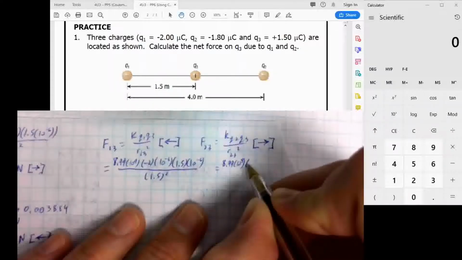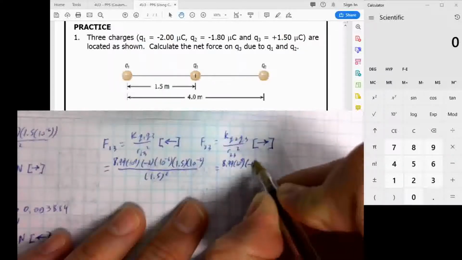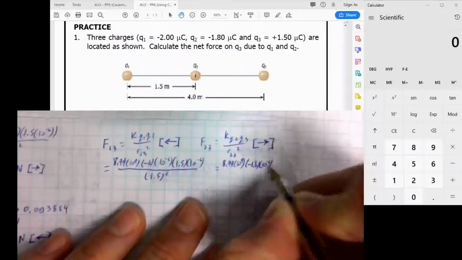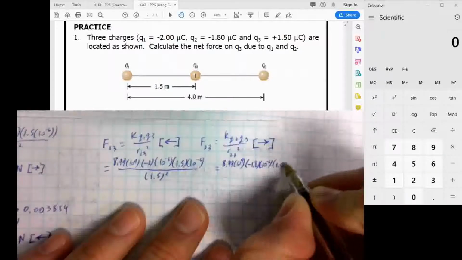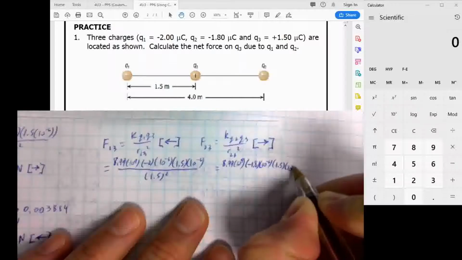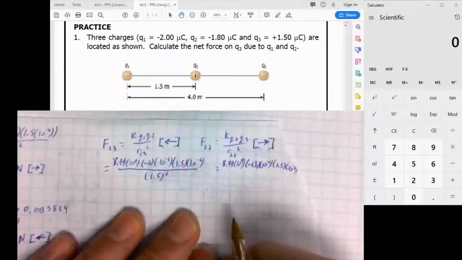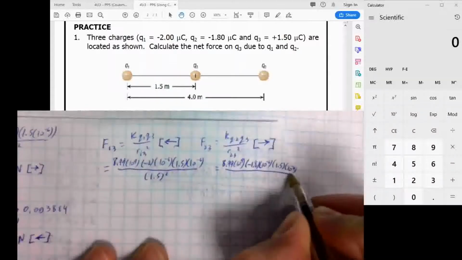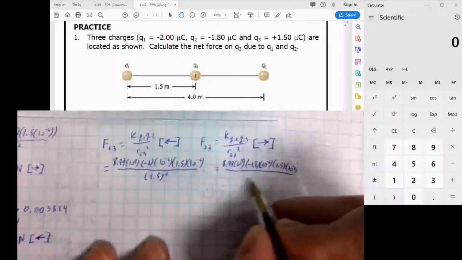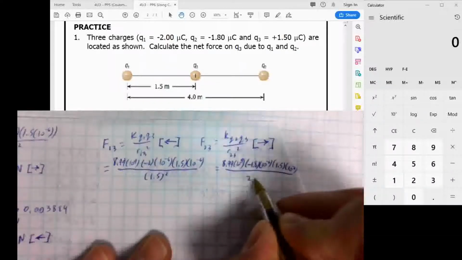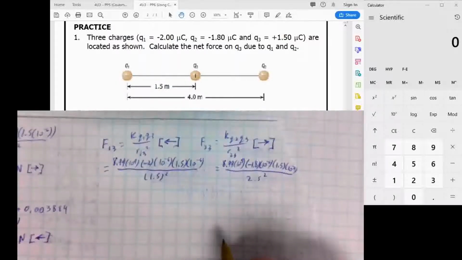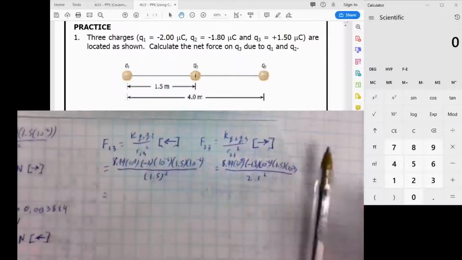Our Q2 is -1.8 times 10 to the -6. Our Q3 is 1.5 times 10 to the -6. And our R distance between, it's 4 minus 1.5, so it's 2.5 squared. So let's figure out what both of these are.